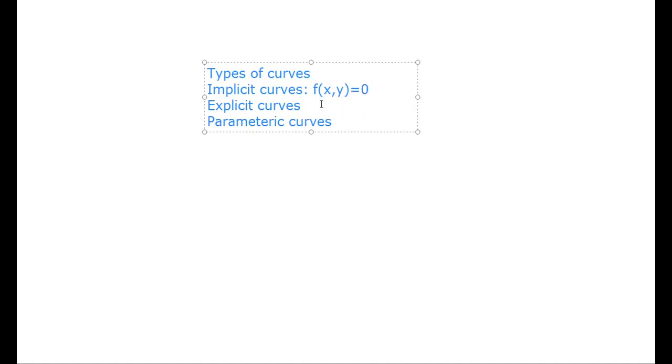But in explicit curves, it will be in a different form, where y is going to be a function dependent on the x value, y = f(x). Here x is going to be an independent value and y is going to be a dependent value based on the function of x, so based on that, the y value is going to vary.